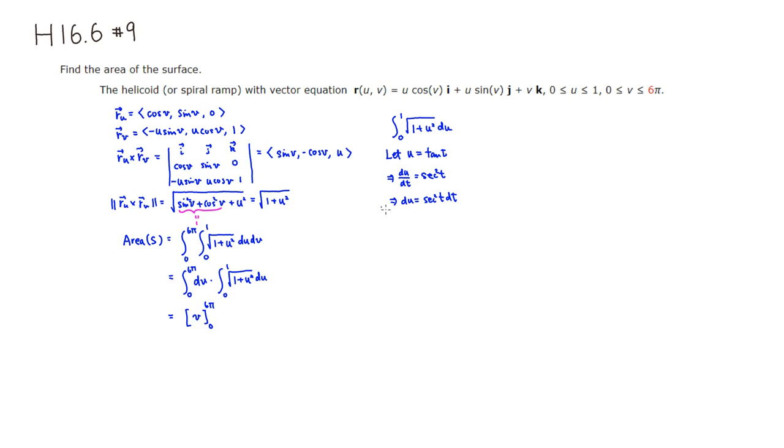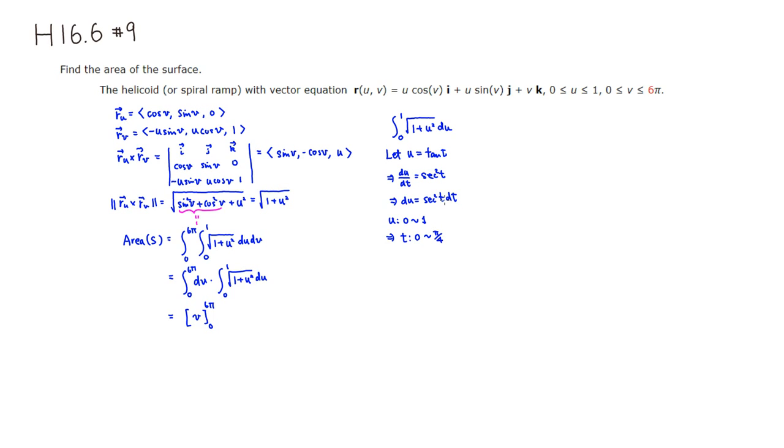Now let's see, when you go from 0 to 1, this translates to t values. When u is 0, tangent is 0 when t is equal to 0. Tangent is 1 when t is pi over 4.